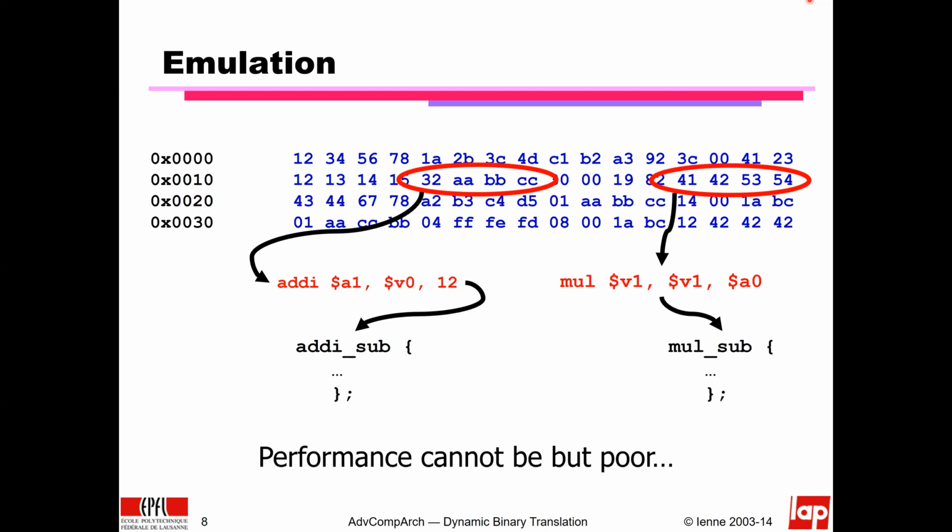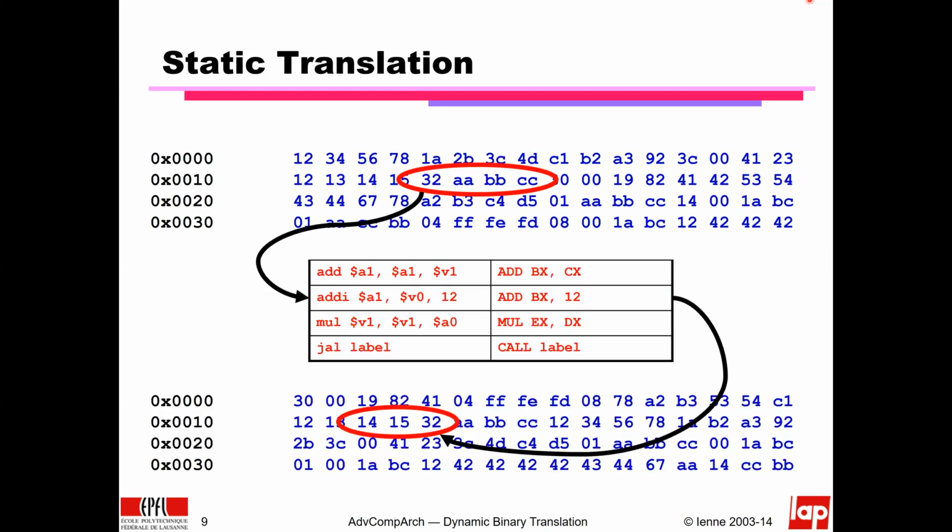So then what else can I do? Well, I can try to be a little bit smarter and really say, okay, I want to really translate. I have a piece of code, I have a piece of binary that works, and let's make once and for all an equivalent piece of binary, but that is now targeting my target architecture.